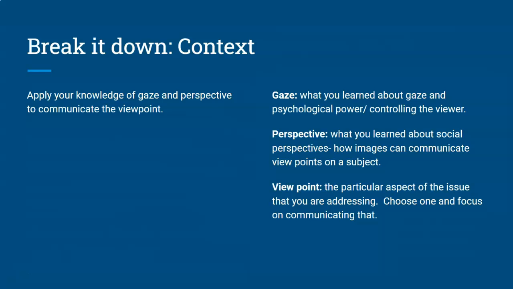So if you choose a broad issue, and I'm just using the pandemic as an example because we've all experienced that, what are you addressing? Are you going to address if it's your belief that masks impede your freedoms and that you shouldn't have to wear one, shouldn't be required to?